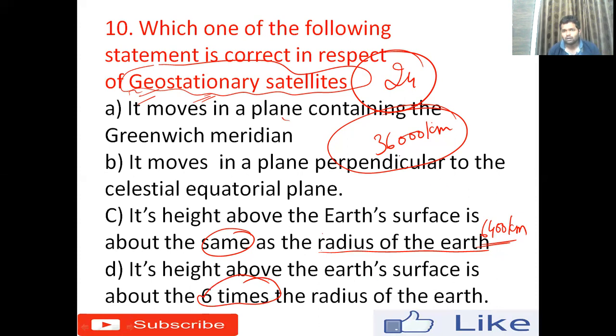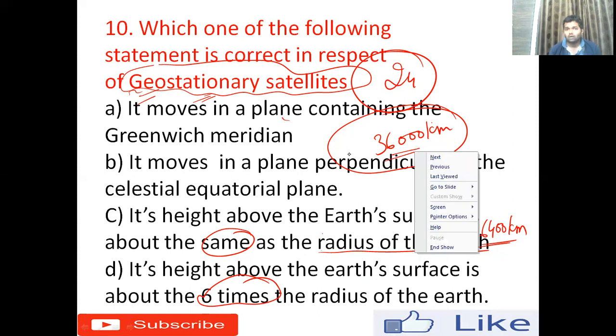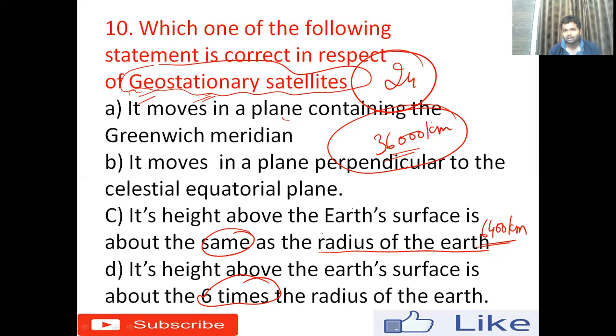As I told, geostationary satellites are placed at a height of 36 thousand kilometers. If its height above the Earth's surface is about 6 times the radius, that is 6 into 6, 36 thousand kilometers. So the right answer for this question is option D, its height above the Earth's surface is about 6 times the radius of the Earth.